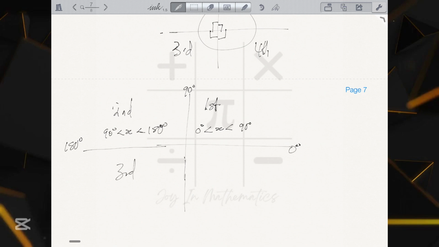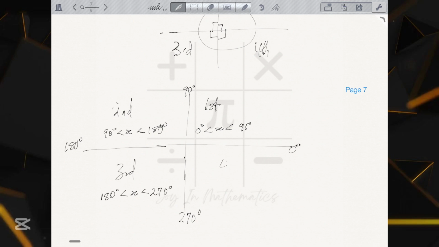Also, in the third quadrant, the angles range from 180 degrees to 270 degrees, so 180 degrees less than x less than 270 degrees.